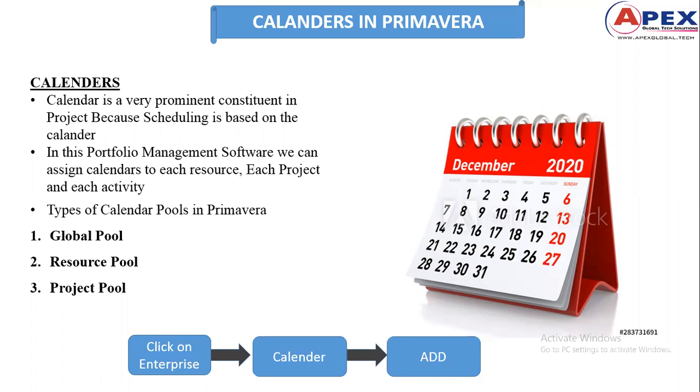But in Primavera, we have three types of calendars and three pools: the global pool, resource pool, and project pool. Before entering into that, we want to know the prominence of calendars. A calendar is a very prominent constraint in a project because scheduling is based on the calendar.